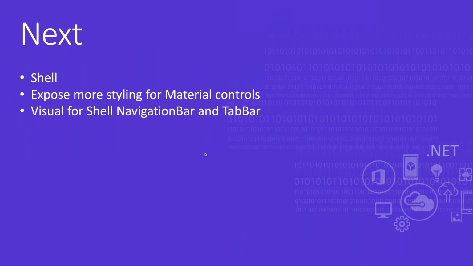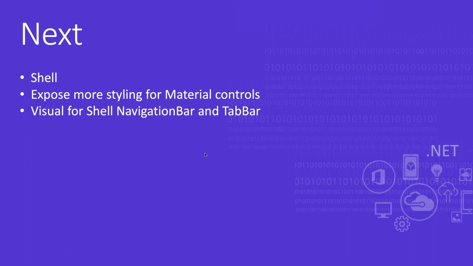All right, so what is next? Shell is the primary focus right now as we approach 4.0. We'll be looking at how we can better support visual within Shell, because they complement each other really well. Shell provides a lot of consistency in terms of navigation itself, tab bars, flyouts, top tabs, things like that.